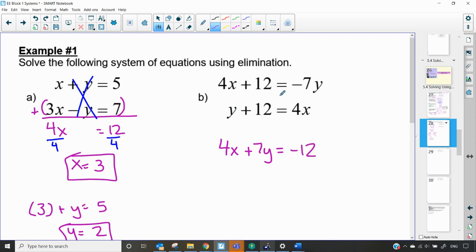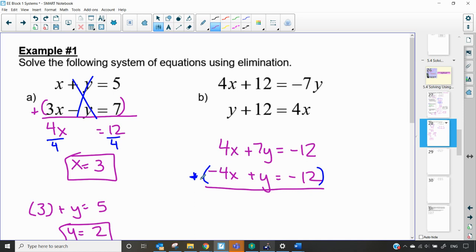Now for the second equation here, my 4x is going to come to the left, so I'm going to have a negative 4x plus y, and I'm moving the 12, so negative 12. Now I put my brackets around the second equation here, and I decide whether I'm adding or subtracting. Well, looking here, I've got two identical variables, so my 4x and my negative 4x, they're opposite signs, so I'm going to add my equation.